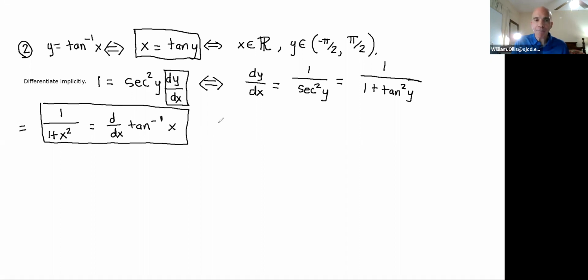So I'll just write here, we'll just go ahead and do some text. So suppose u is a differentiable function of x. And of course, u, it has no restrictions. It's replacing x. So suppose u is a differentiable function of x.